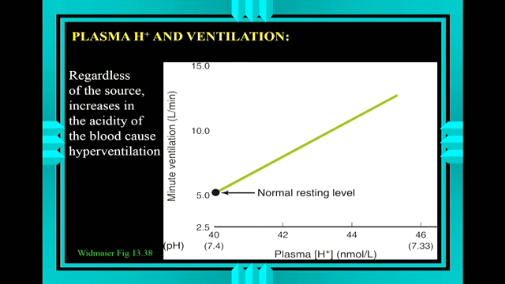The reason we're so sensitive to CO2 changes, as I said, is because CO2 changes your pH due to that equation I showed earlier in this lecture. And this just reinforces it. What is our set point for pH? A nice neutral 7.4. At a pH of 7.4 or slightly over, our ventilation is normal.